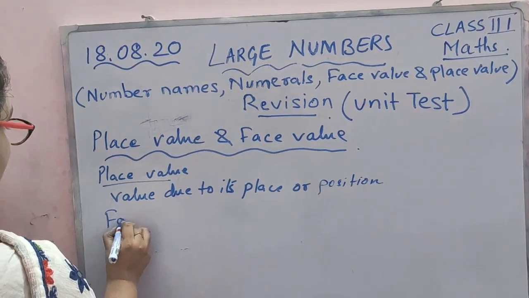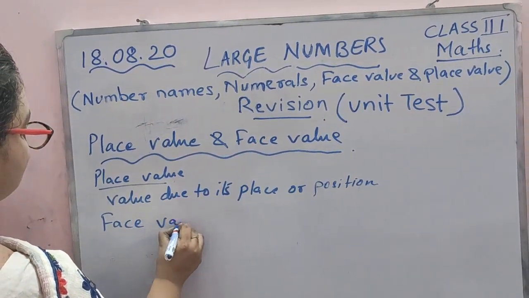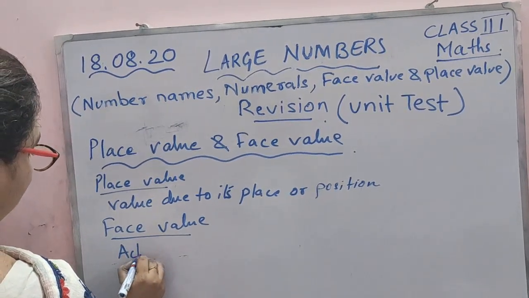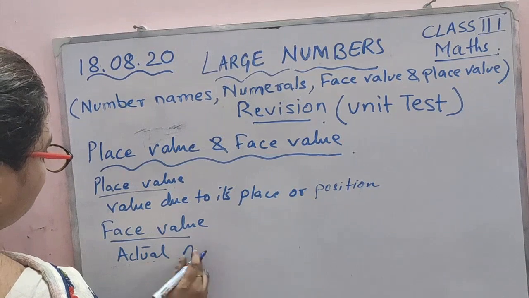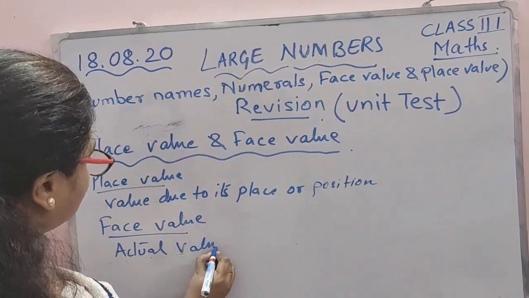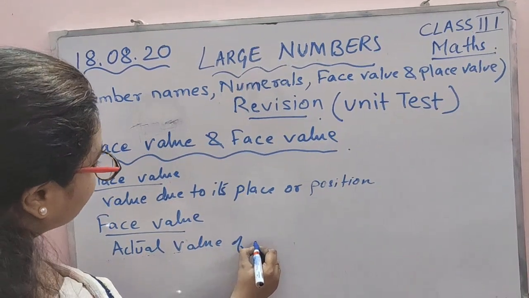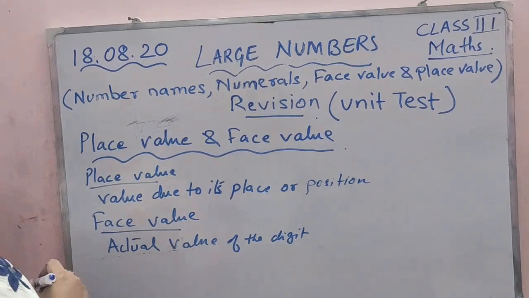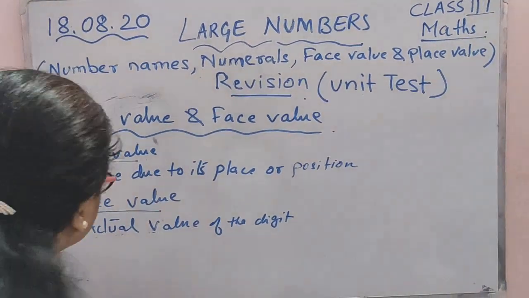And face value is actual value. Okay, actual value of the digit. Okay, now we'll see with an example.